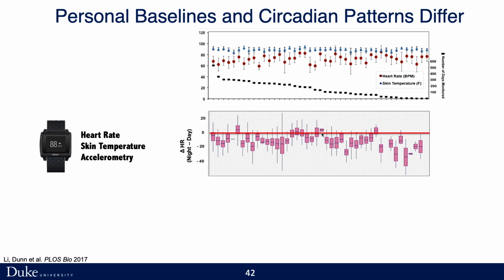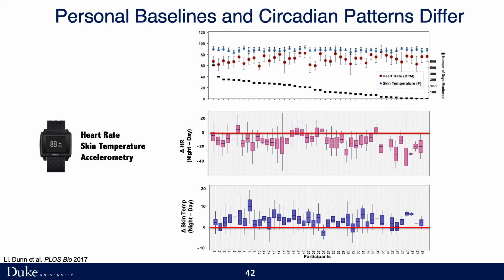And then we even have some people where actually the opposite is true, where their heart rate actually increases at night. And it's interesting to think about because if our goal is to detect abnormal physiology, then we might expect that anybody who has a heart rate increase at night might actually be abnormal. But when we look at a person within their own individual data, that actually might be normal for that person.